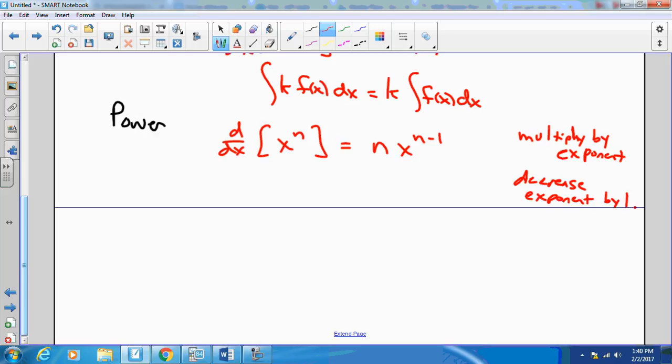Well, if I want to run that rule in reverse, I need to reverse all of the steps in reverse order. So I need to first increase the exponent by 1, and then I need to divide by the new exponent. So the antiderivative of x to the n is going to be x to the n plus 1 divided by n plus 1, of course plus c.